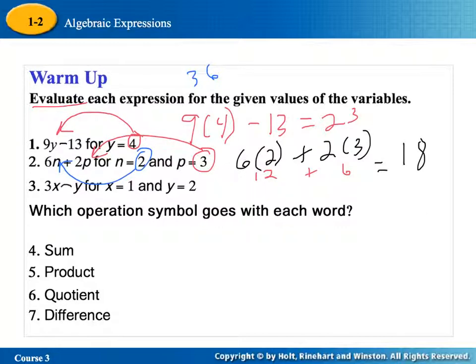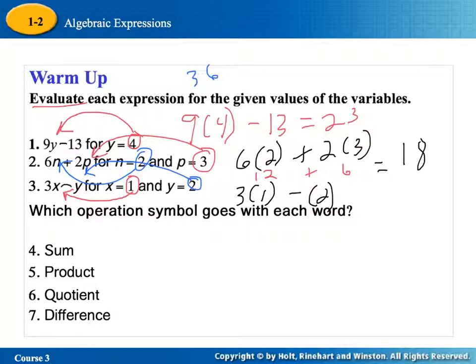And it's time to try number 3. Remember, we plug in what we know. My x is 1 here, so I'm going to plug 1 in for x. My y is 2 here, so I'm going to plug 2 in for y. My expression becomes 3 times 1 minus 2.